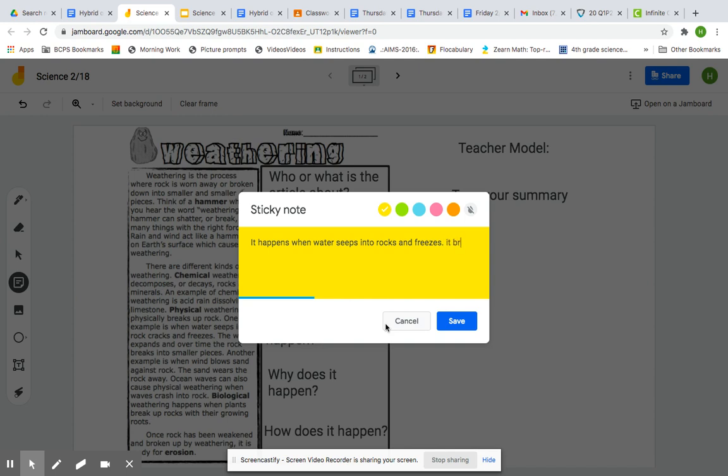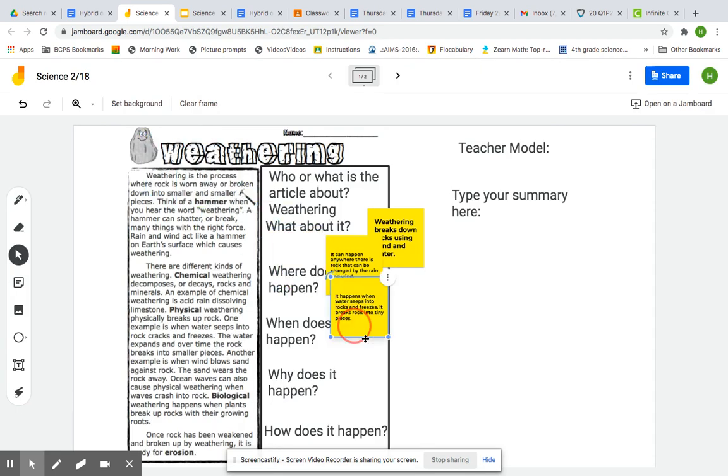It breaks it into tiny pieces. Breaks rock into tiny pieces. That was one example. I can use any example, or I could just say when rain or water changes rock.